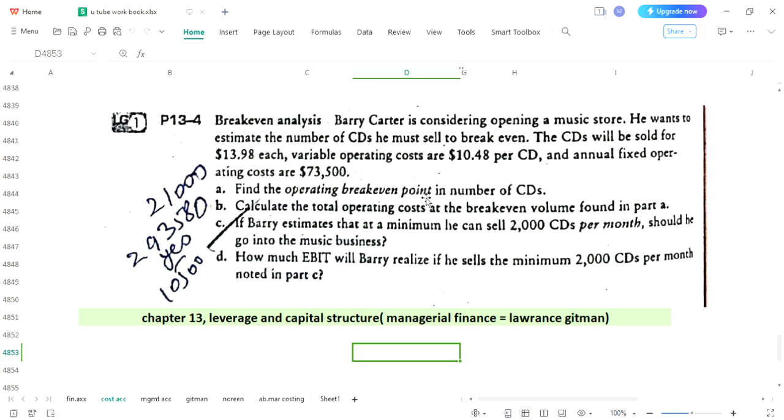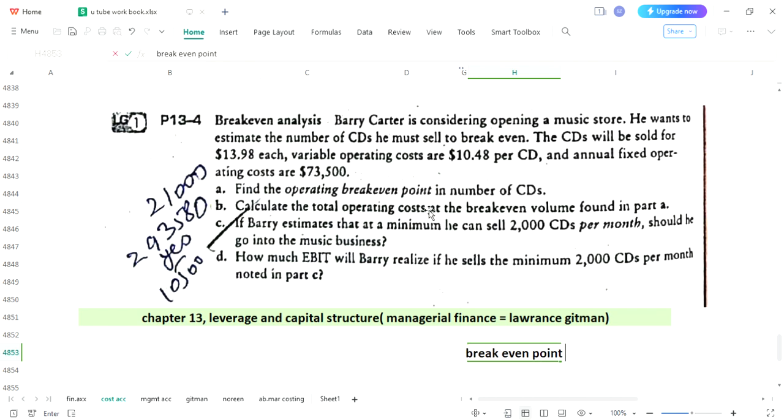The initial thing which you will keep in your mind is break-even point, a point where your revenue is equal to your cost. In other words, break-even point is where there is no profit, no loss.